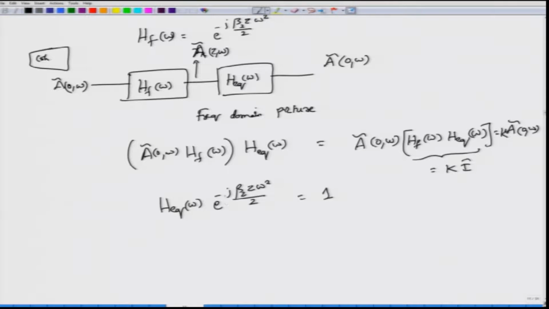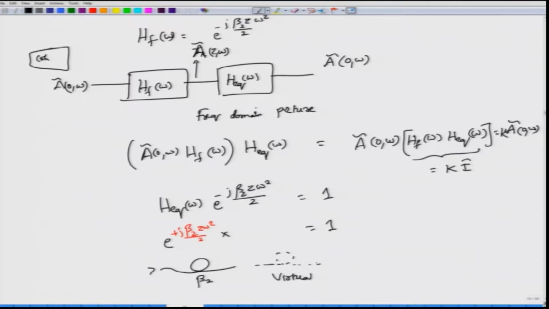Obviously, instead of having e^(-j beta2 ...), you simply have e to the power plus j beta2 z omega^2 / 2. Because if you multiply this with the fiber, what you are going to get will be 1. So, it is like you have a fiber which is characterized by beta2 and you propagated this input through it, and at the output, you now have what I would call a virtual fiber.